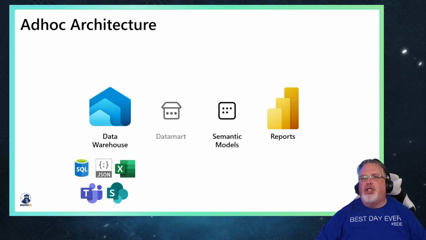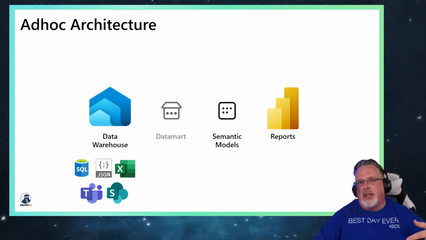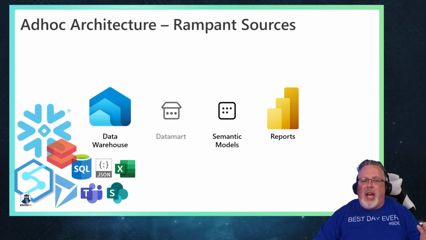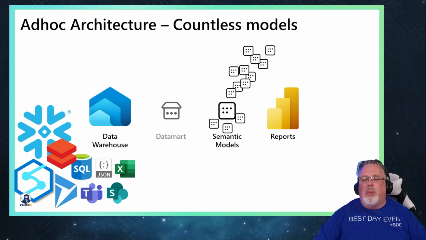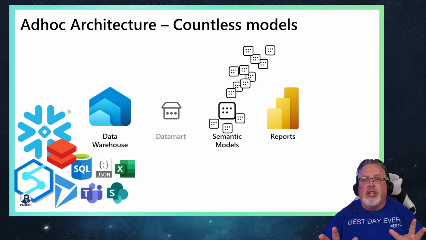Honestly, the challenge started to rise right away, right off the bat. These challenges started to impact how we build and operate, but there weren't really good solutions. So what ended up happening is, as these sources started to grow, we started to build out more and more semantic models. And then that source of truth really started to become muddied and watered down and really challenging.